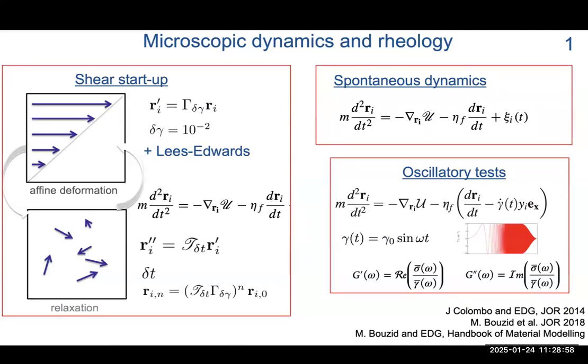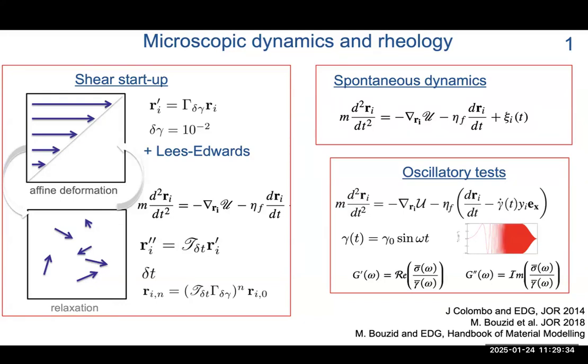And then you can, in fact, do different things. On the right-hand side here, I have just what I was saying before: after I form the gel, I can study its spontaneous dynamics. Right now I have just thermal fluctuation, the system is at rest, and I can investigate how this dynamics is spatially heterogeneous, and also heterogeneous in time, to try to build a connection between the structure and the overall relaxation dynamics of the system.